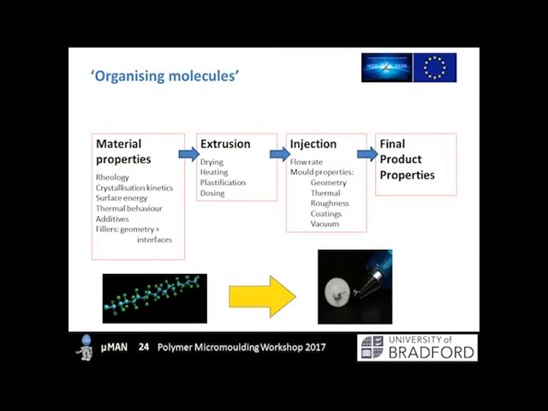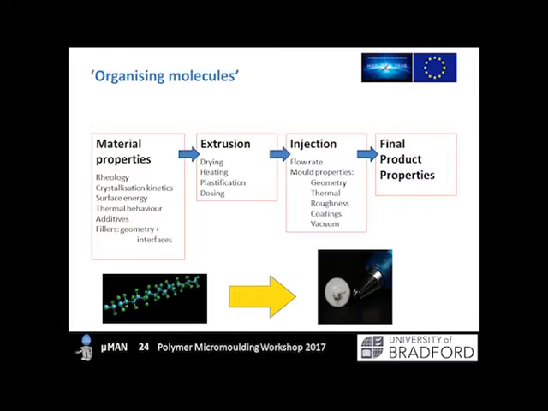But what I want to focus on in this talk is basically how we understand what we're doing to the materials in the microinjection molding process. So how can we take measurements to be able to characterize the environment that we're exposing these materials to, so that understanding how these materials behave, we can start to be able to predict these final properties.